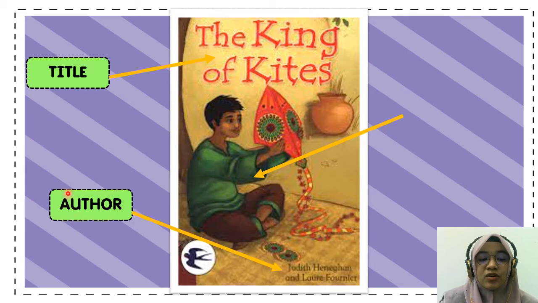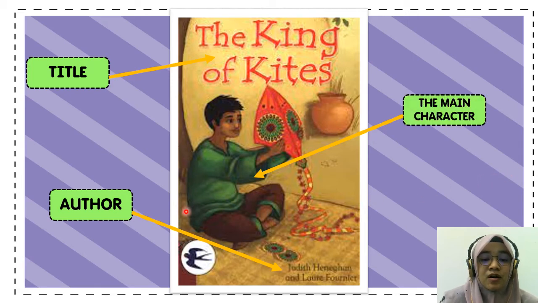They are the authors of the book, penulis buku. The third one, as you can see here, is a picture of a boy. Basically, the picture on the cover page is the main character of the story.